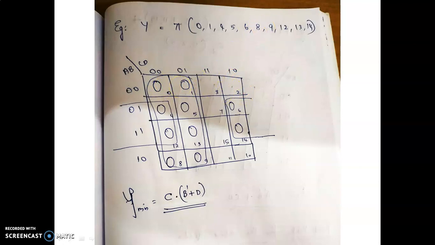Just the opposite of SOP. In SOP, we plotted ones and ones were grouped. In the case of POS, we plot zeros and zeros are grouped. The grouping rule is the same: adjacent cells are grouped in powers of 2. Diagonal grouping and overlapping are possible, as well as wraparound.